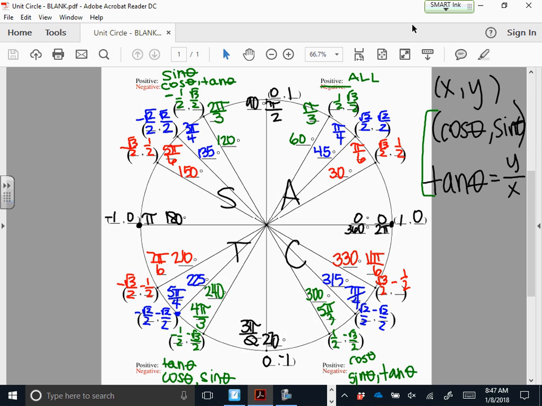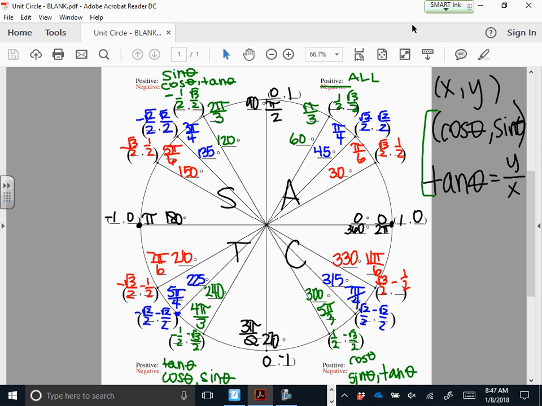If we had 3 pi over 4, then tangent would be negative, but sine would be positive. Same thing with the 5 pi over 6 we did over here. All of these numbers are going to be the same with whatever pi over 6 you look at. It's just the negatives that are going to change. So we need to be able to use the unit circle to evaluate anywhere.